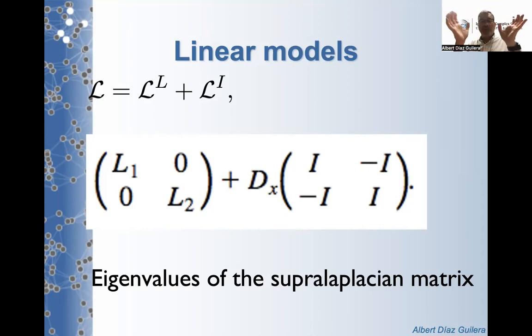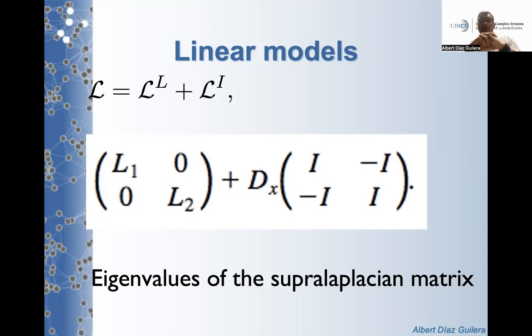This is for the case of 2 layers. In this construction, the term on the left corresponds to the Laplacian matrix for the single layers L1 and L2. So this is basically an n by n box in this matrix. L2 is another n by n box.